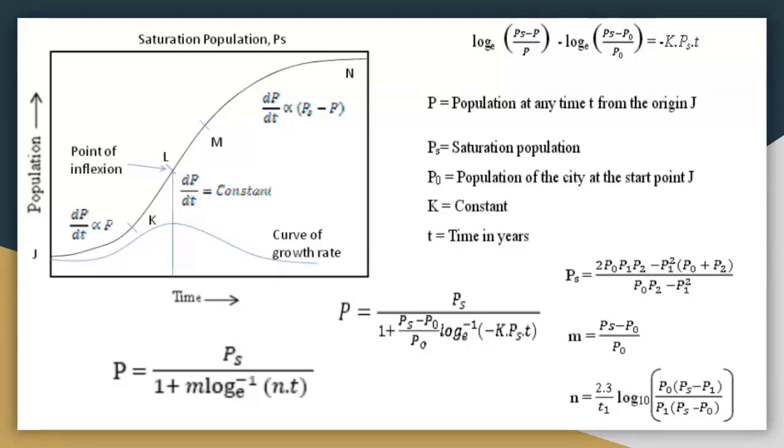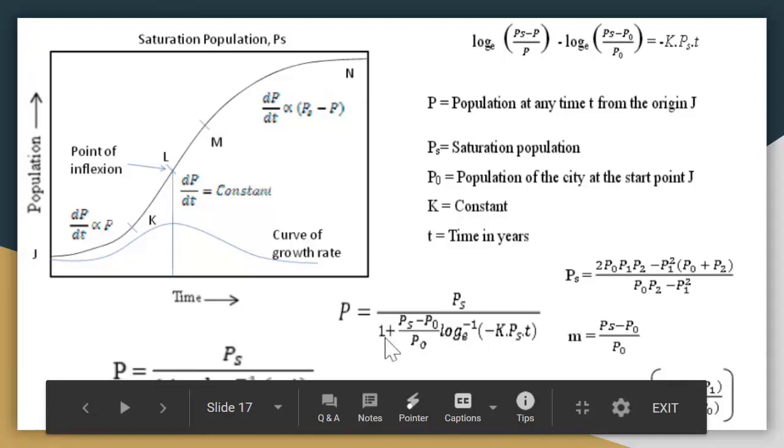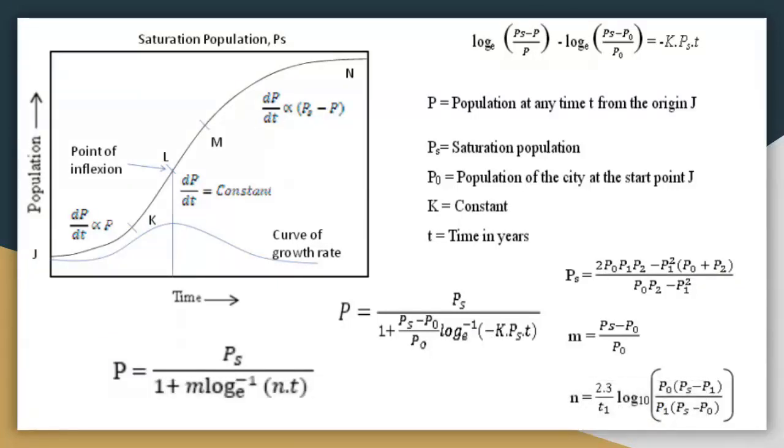This is put in the first equation, that is P is equal to Ps divided by 1 plus (Ps minus P0) divided by P0 log to the base e inverse of minus K into Ps into T. Then our equation changes to P is equal to Ps divided by 1 plus m log inverse n into T, where Ps is equal to 2 into P0 P1 P2 minus P1 square into (P0 plus P2) divided by (P0 P2 minus P1 square).